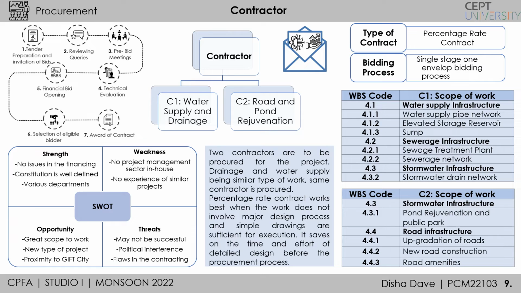Here, firstly the SWOT analysis was done for the client organization, which helped to identify the procurement strategy which should be applied in order to be beneficial for the client as well as other stakeholders. As discussed earlier, two contractors are procured, one for water supply and drainage, which has the major scope of work of the water supply pipe network, elevated storage reservoir construction, and construction of the sump.